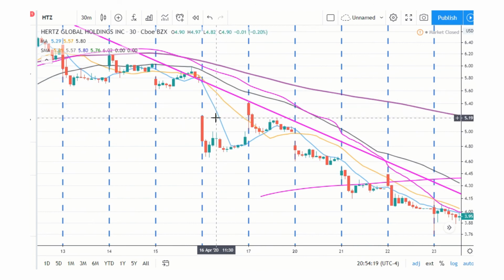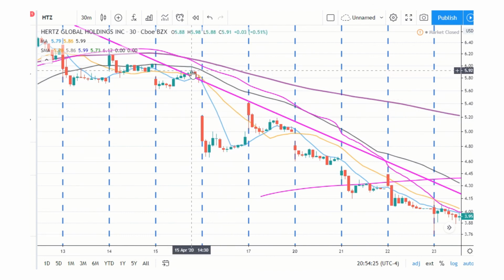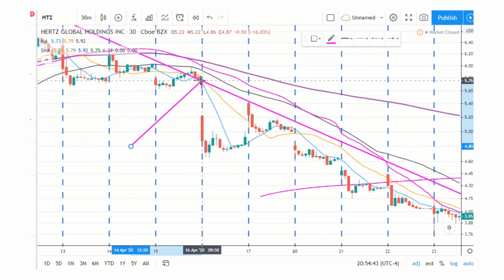We enter around, we're trying to get as close as we can under the 9 MA, and right here, 585. Actually, 580. Okay, we can get a few more points over here. We enter right at this point.